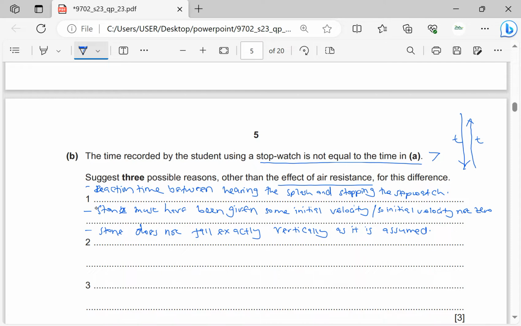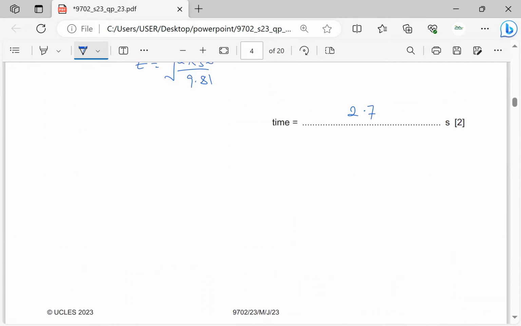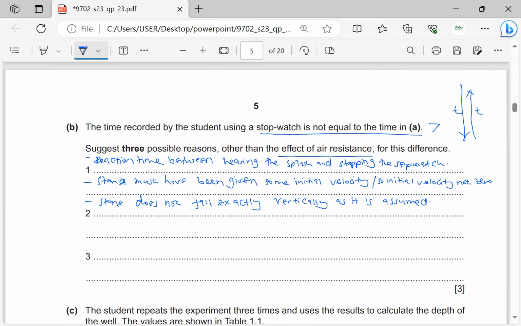Another one, maybe there is a difference in the value of g that we have used for that particular time. So we call that local value of g. At that point it may not be exactly 9.81.